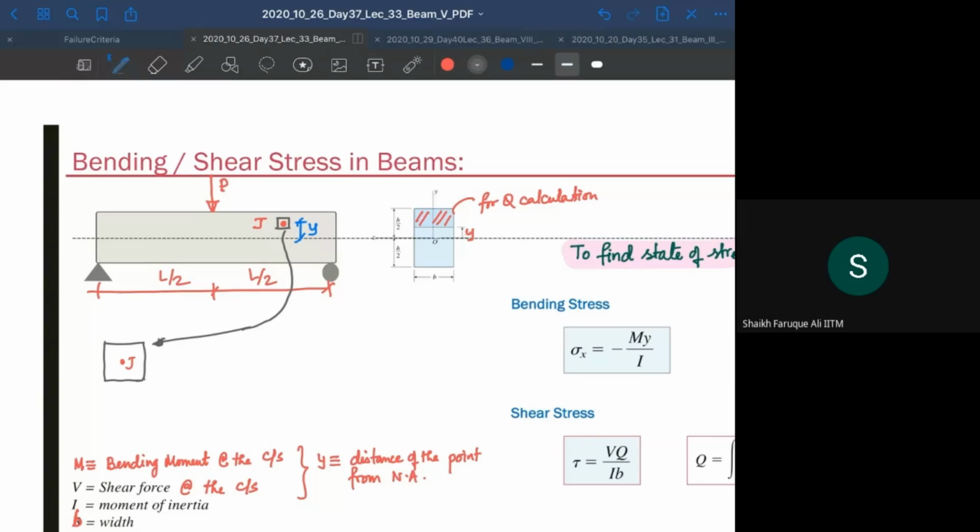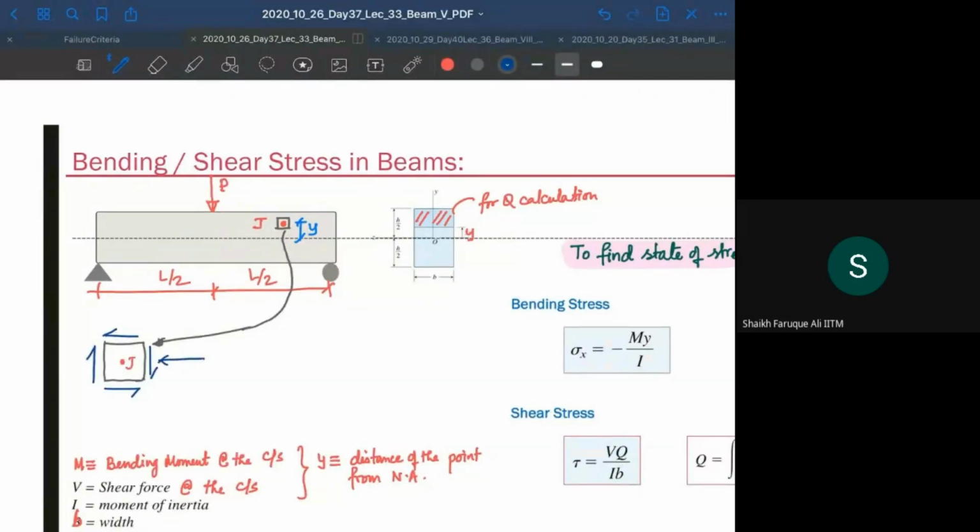So I have to draw the elemental shear stresses, right? So there will be shear stress above, shear stress below, and also the normal stresses. So let's say this is my tau. Tau here will be acting downward, so this has to go this way. Okay, right? And there will be normal stresses, and we know the top part will be compressive normal stress.